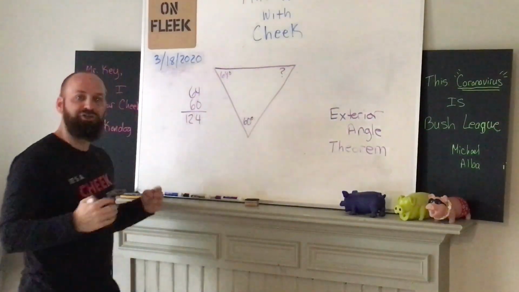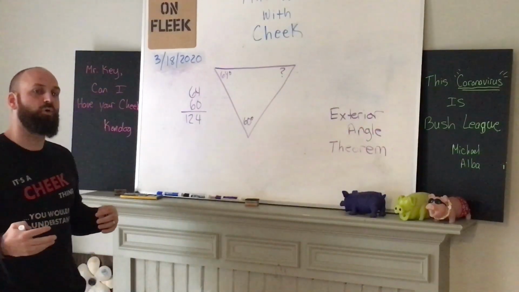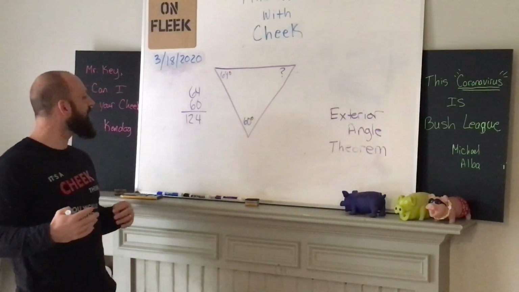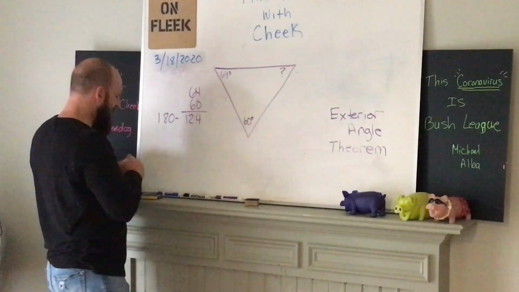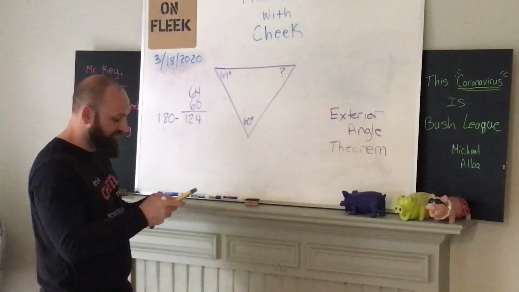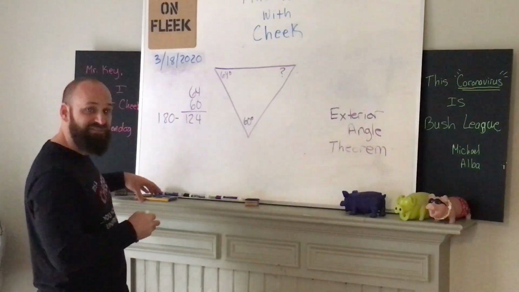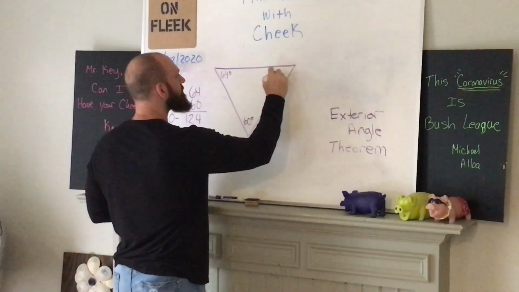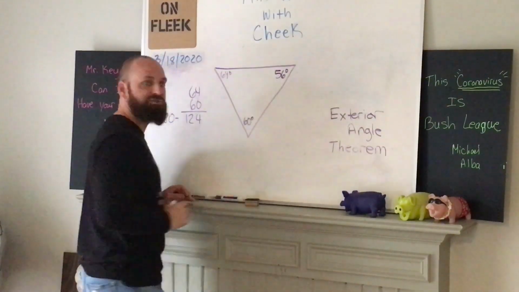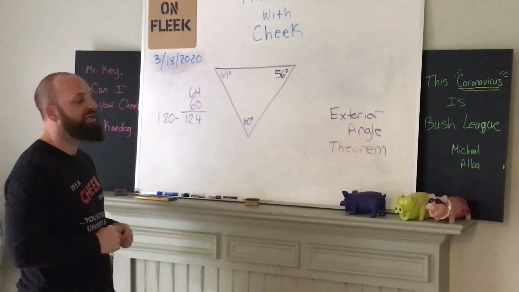That gives me 124, and then to find the other missing interior angle, I'm going to subtract that from 180. So we've got 180 minus 124, and that is 56 degrees. If I add up all three of those interior angle measures, it will give me 180 degrees.